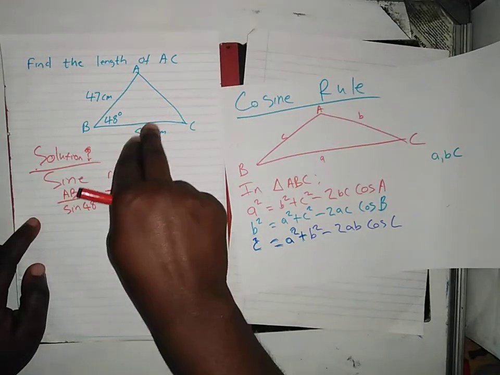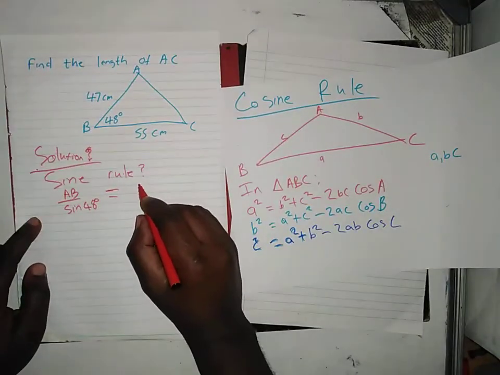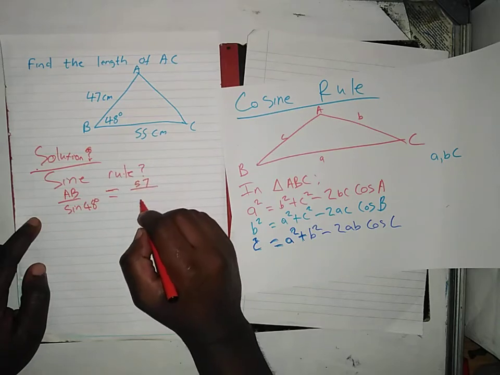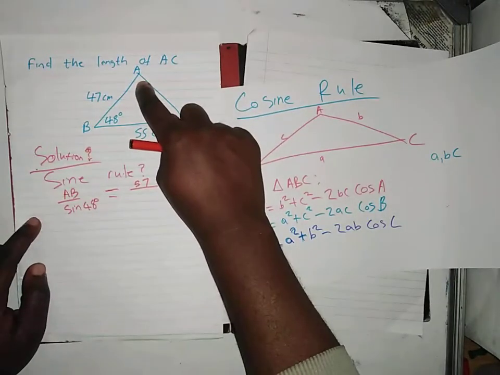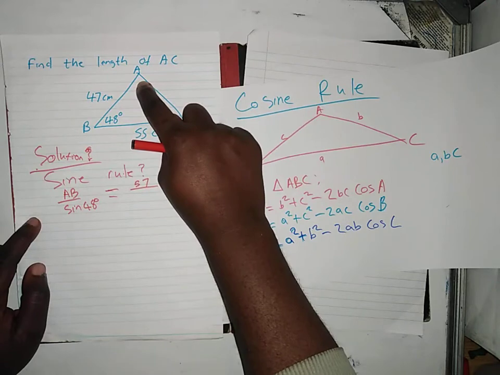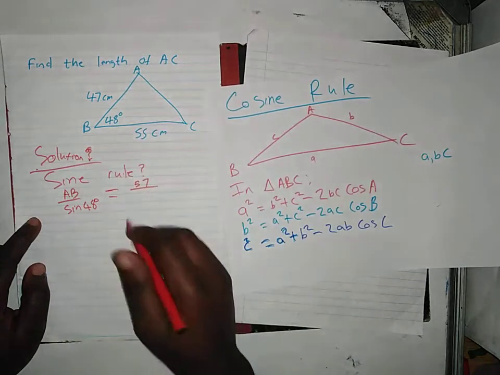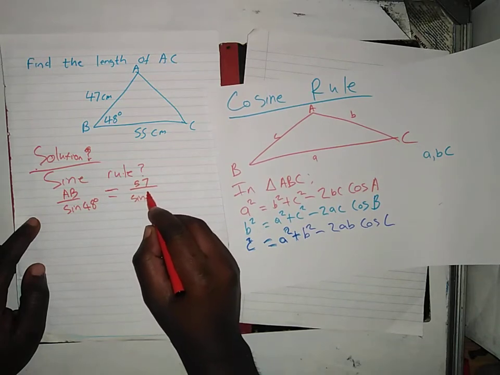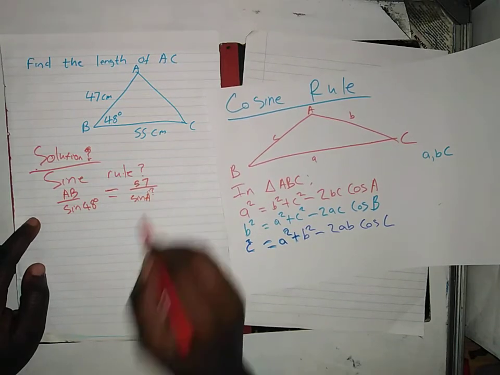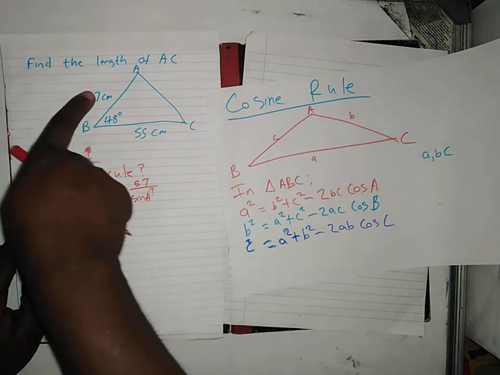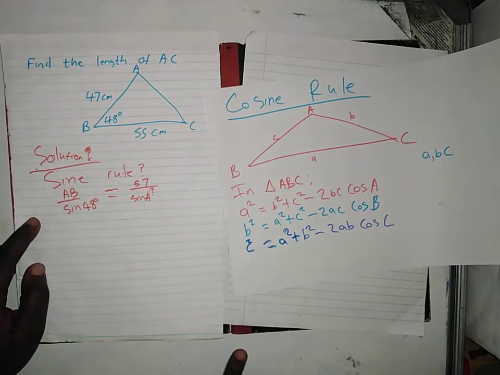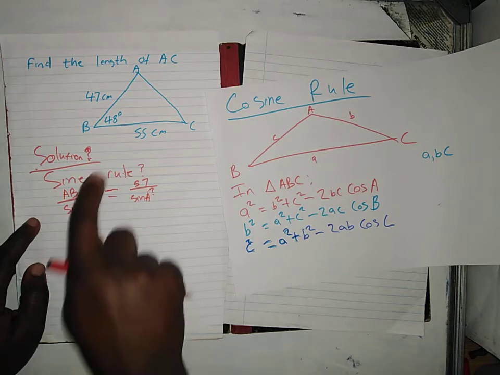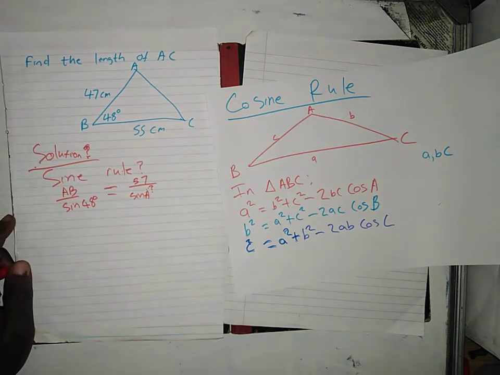Let's say we take this side, we are going to have 57, but now we're not going to have this angle. Can you see? Because for sine A, we don't know what A is. So here is our problem. We do not know what A is. If we also say take C, we still won't know what our angle C is. So we won't be able to use the sine rule. Okay?